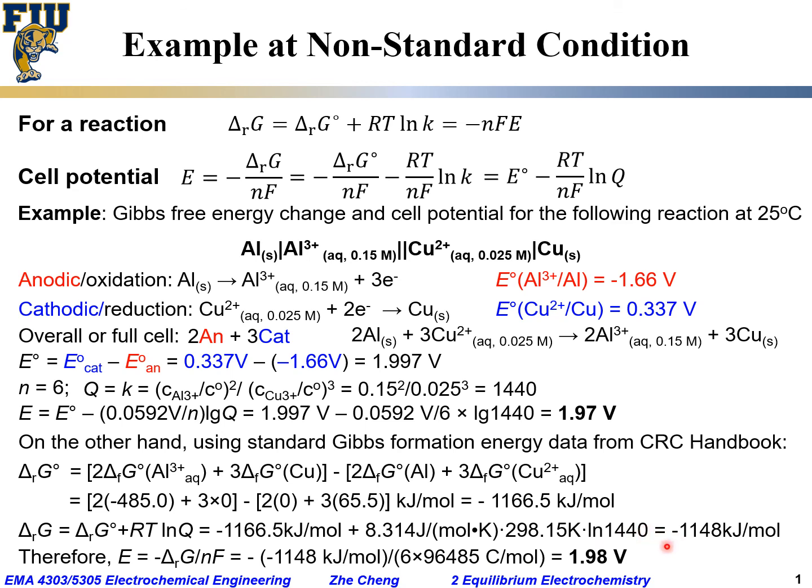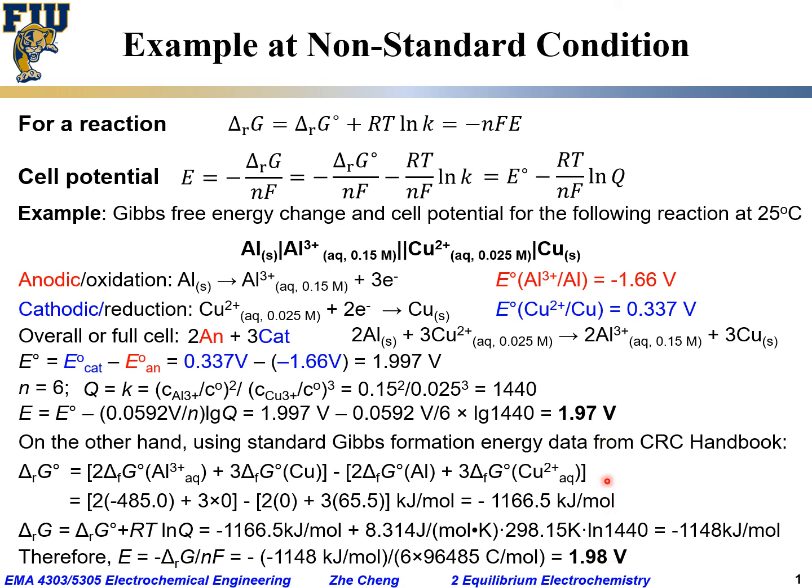ΔrG is what we just calculated, minus 1148 kilojoule per mole, and n, similar to before, would be 6, and F is the Faraday constant, 96,485 coulomb per mole. You plug the numbers in, the calculated cell potential would be 1.98 volt.